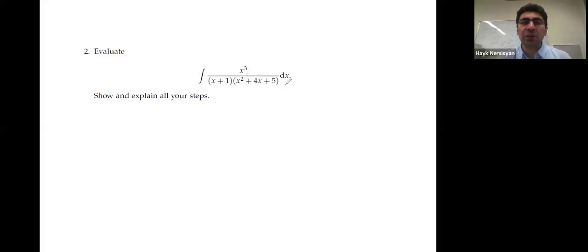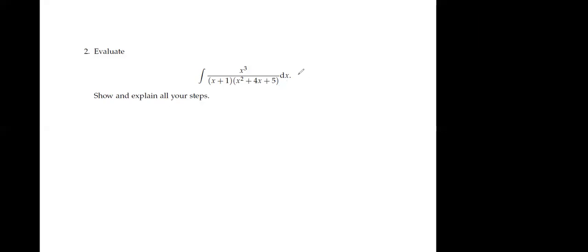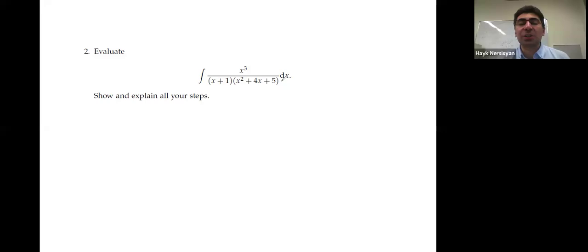Do we need to do long division here? Yes. This is quite similar to our first example that we considered today, except here a long division step is required. So to do long division, let me do it here.